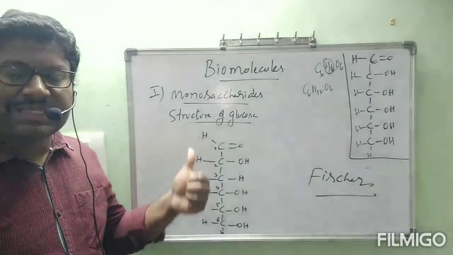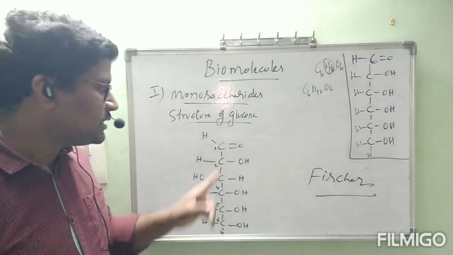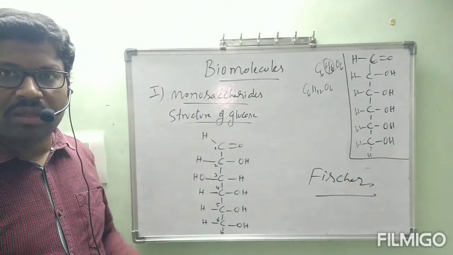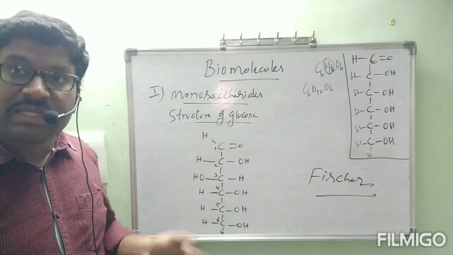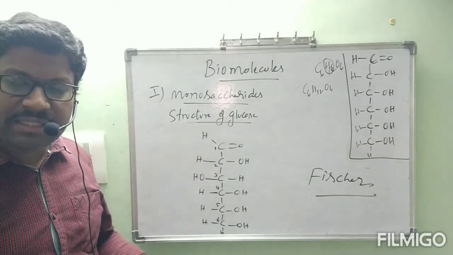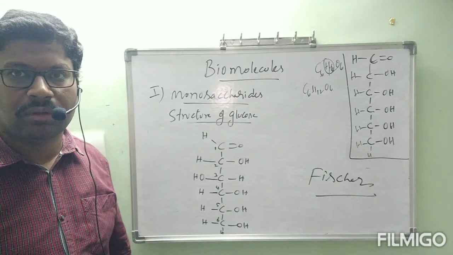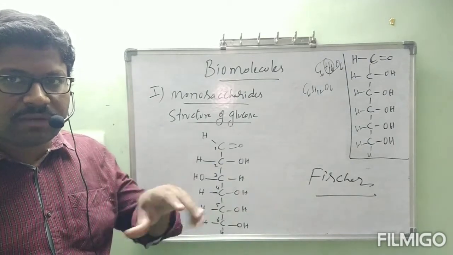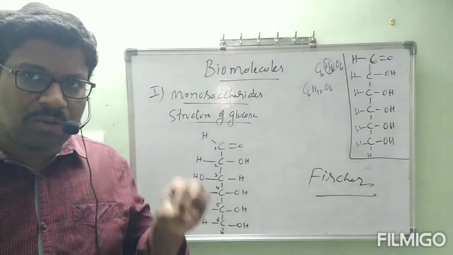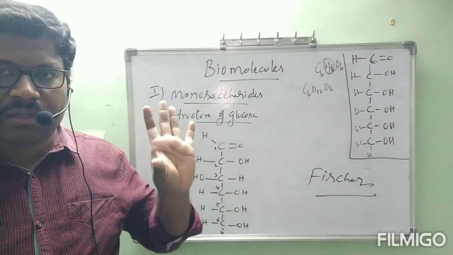This is the structure obtained by using optical activity data. If it follows this structure, then only it is dextrorotatory. By X-ray diffraction techniques, they confirmed the structure of glucose is written like this. Actually, in the practical result, we took glucose powder, dissolved it in water, and kept that glucose solution in the experiment.